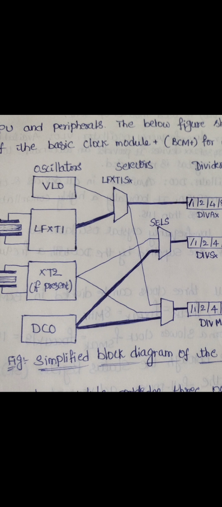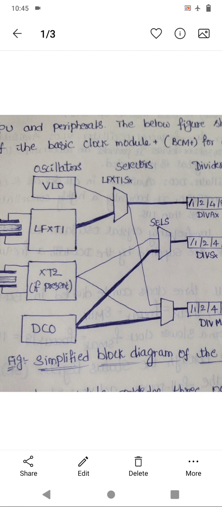It is also required if the MSP430 must contain a real-time clock. Here the current can be reduced to about 0.5 microamperes by using the VLO. What is the VLO? The VLO is the very low frequency oscillator. So that's about LPM3.